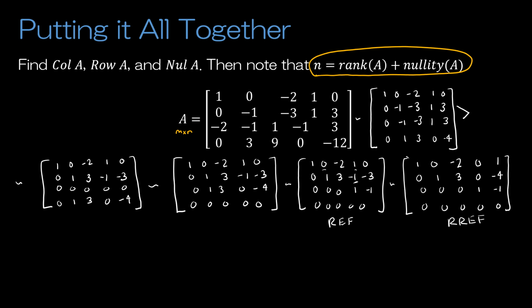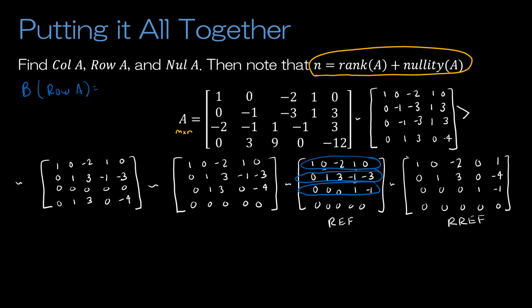So now let's see if we remember how to do all of the things. I'm going to do the row space of A first because that's the easiest one. The basis for the row space of A is going to be the non-zero rows, which is in REF, 1, 2, 3.